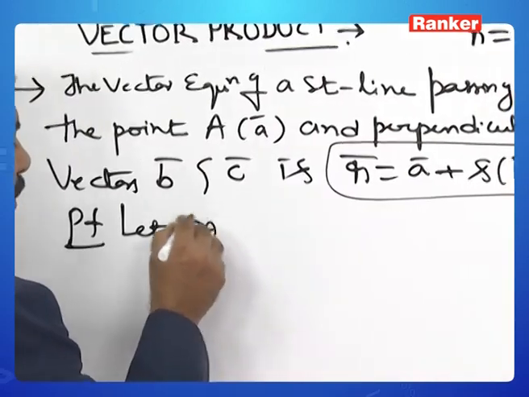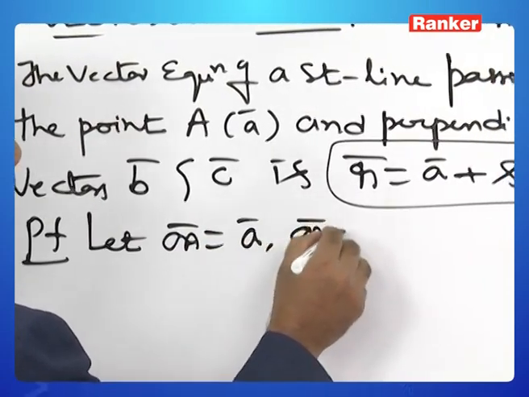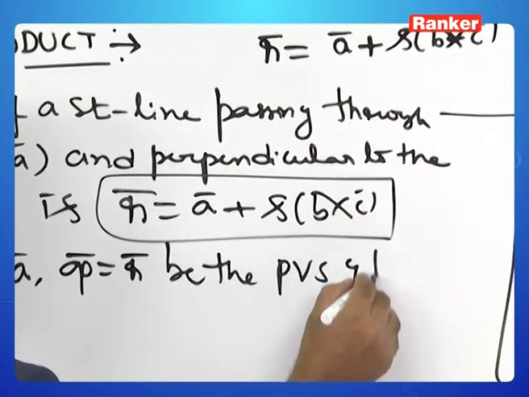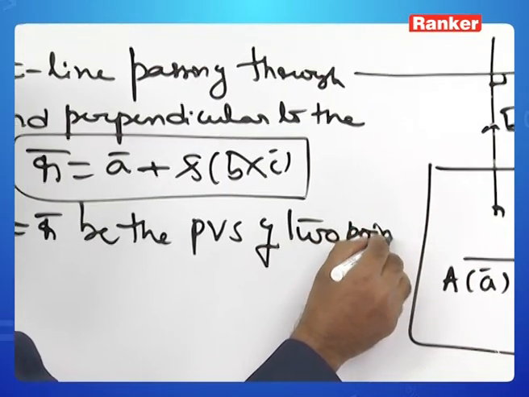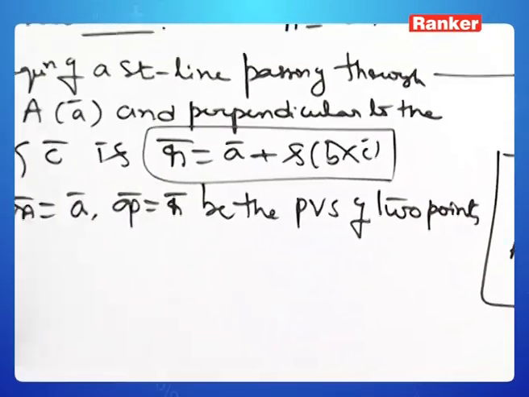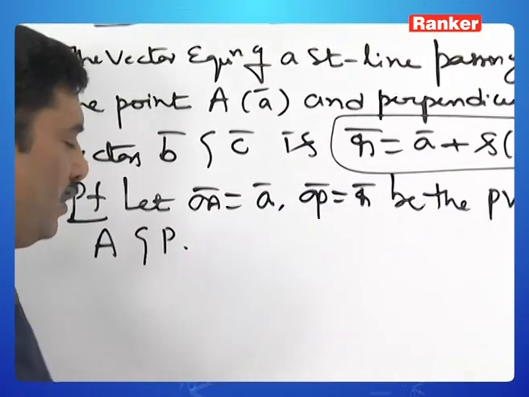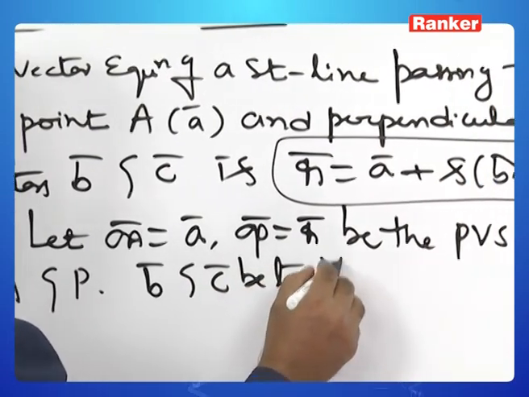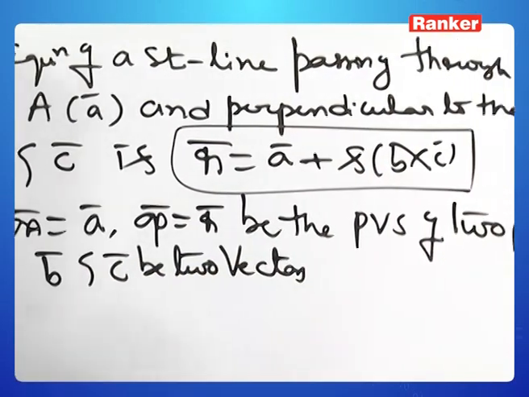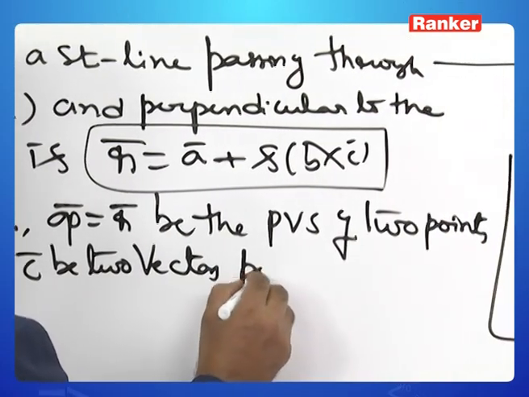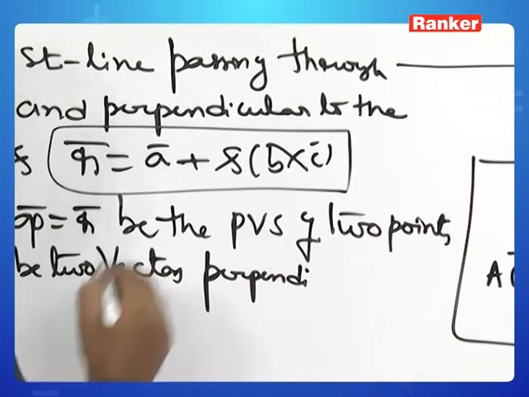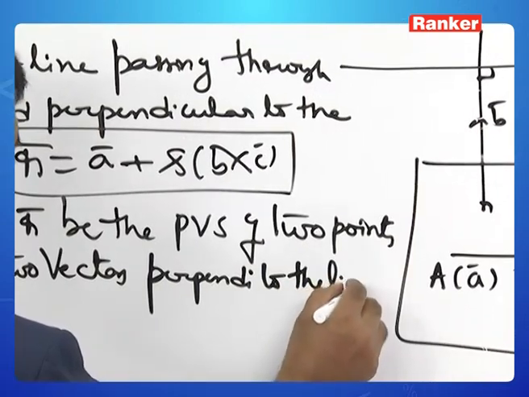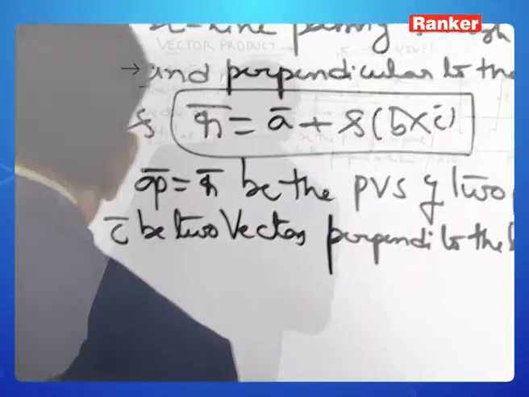Let OA bar equals A bar and OP bar equals R bar be the position vectors of two points, capital A comma P. Let B bar and C bar be two vectors perpendicular to the line.